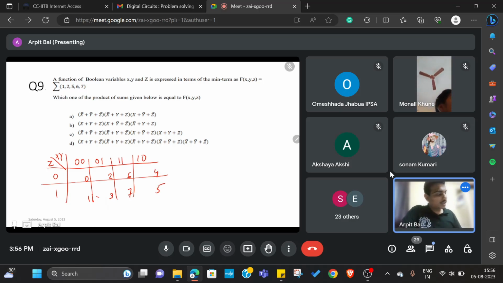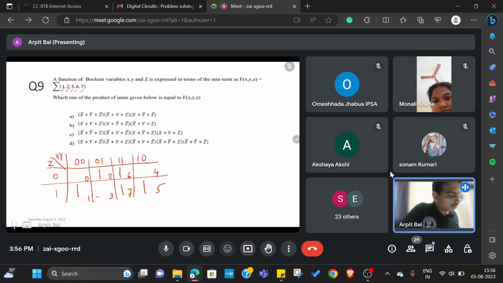Then we are told that f is equal to the summation of 1, 2, 5, 6, 7. So let us mark 1 at those locations: 1, 2, 5, 6, 7. Did we miss any value? 1, 2, 5, 6, 7.